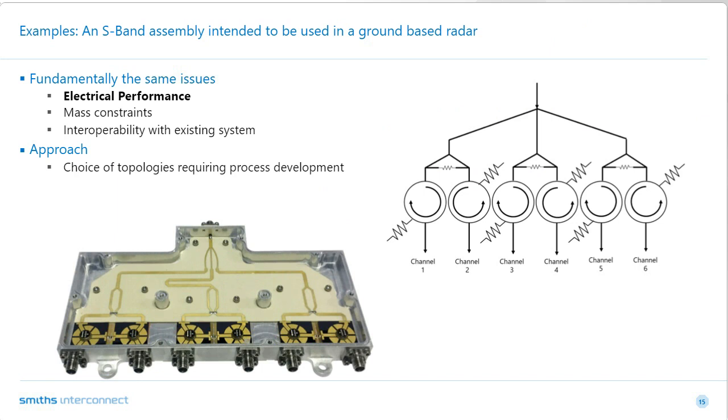Last but not least, this S-band assembly was focused on electrical performance. Mass was a secondary consideration, but as you can see here, we not only have standard diplexing and combining, but we also have circulators and isolators involved.